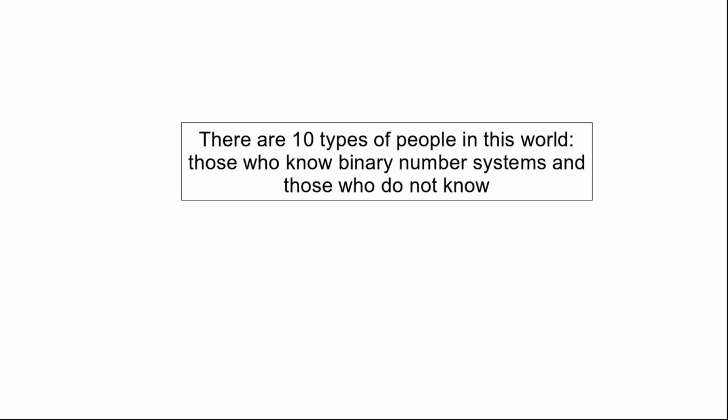Those who already know binary number systems must understand what this statement is trying to say. It's actually not 10, it's actually 2. So as I said, most of you must already know binary number systems, and you already know what this statement actually means.